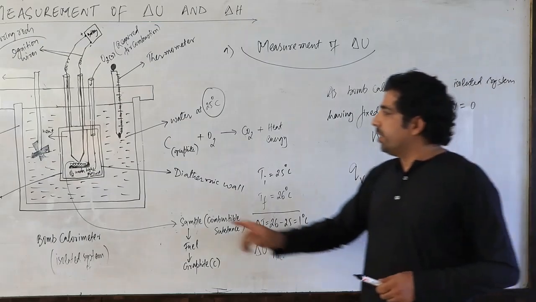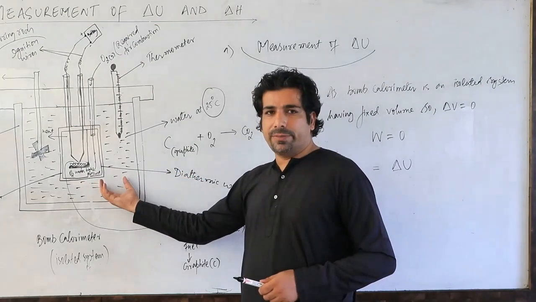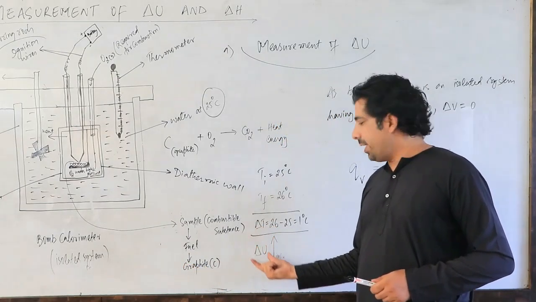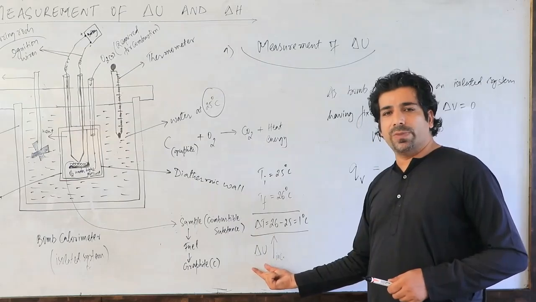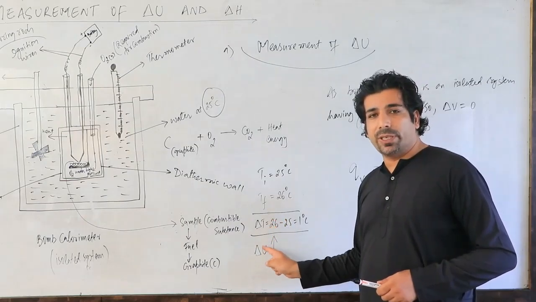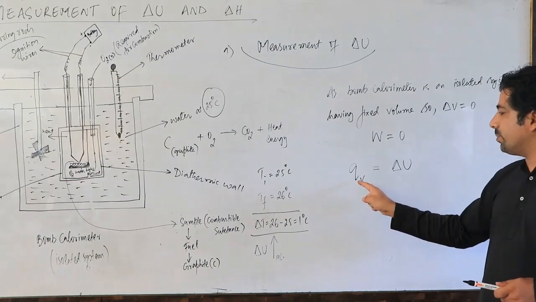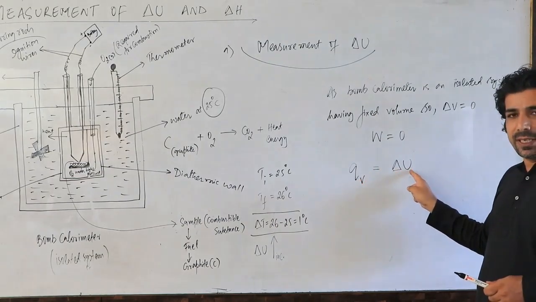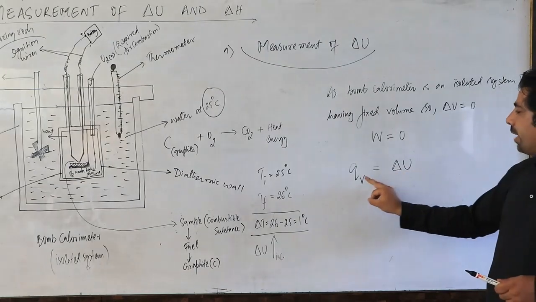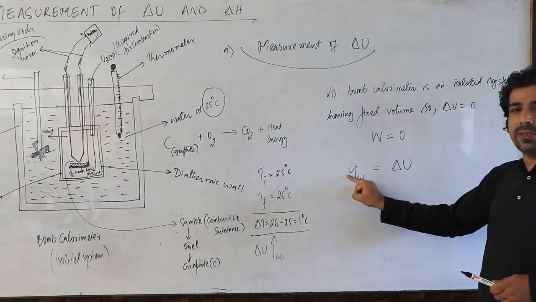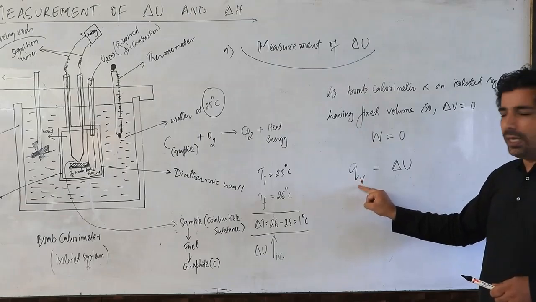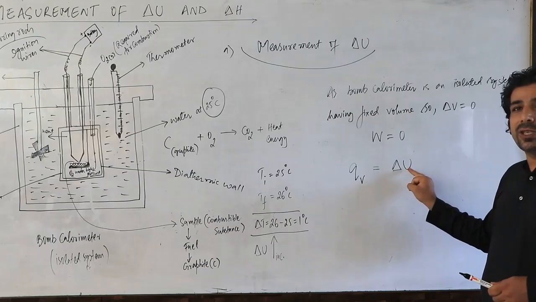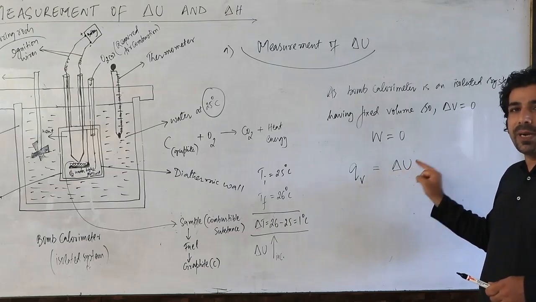When water absorbs the heat, the temperature will change and the internal energy will also change, because internal energy depends on temperature. Finally I will write down QV is equal to delta U. So the heat absorbed by the water at constant volume is equal to the change in internal energy of the calorimeter.